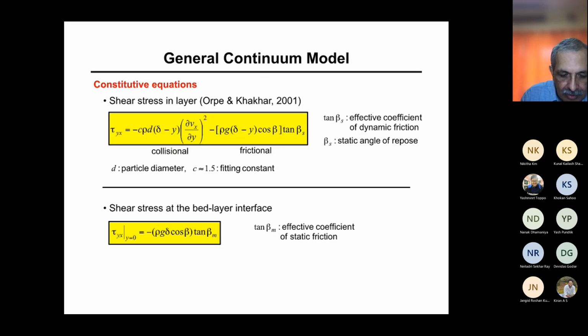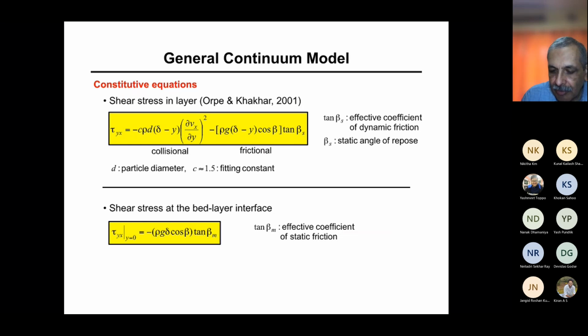And in addition to that, we need the shear stress in the flowing layer. So this is like a Bagnold term where stress is proportional to the velocity gradient squared, and this is a frictional term. This is the normal stress or the pressure multiplied by the coefficient of friction.